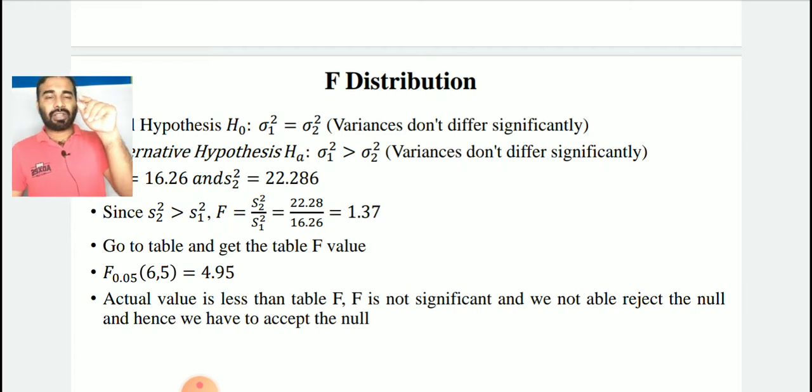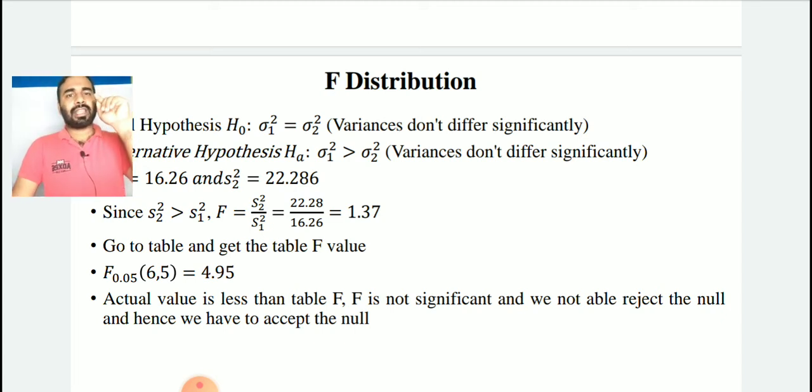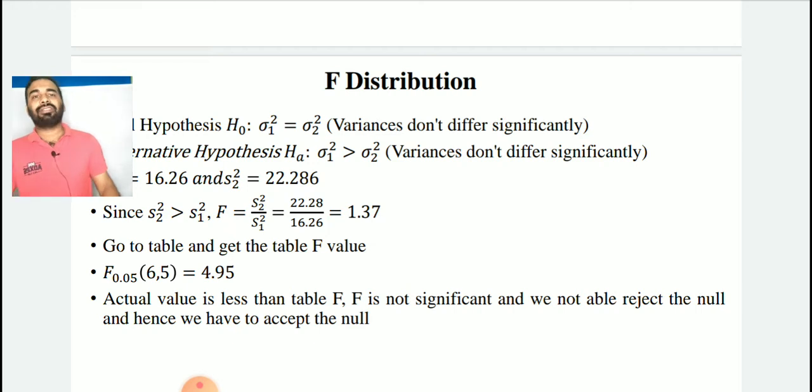So F 0.05: for the numerator the df is n minus 1, 7 minus 1, 6, comma, for the second we have 6 observations, 6 minus 1, 5. So the F value for the level of significance 0.05 for df 6 and df 5 is 4.95.